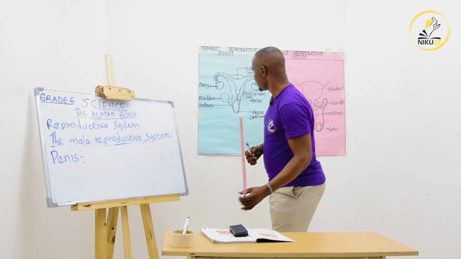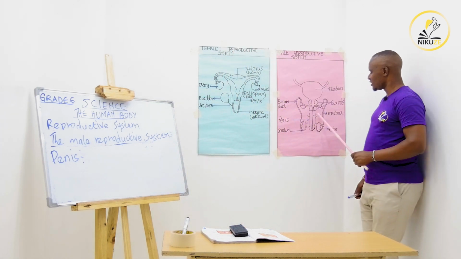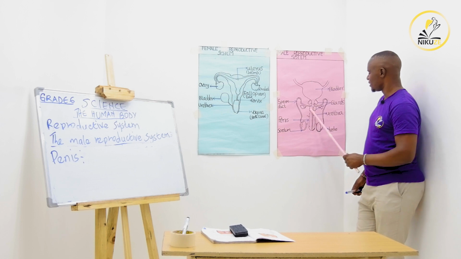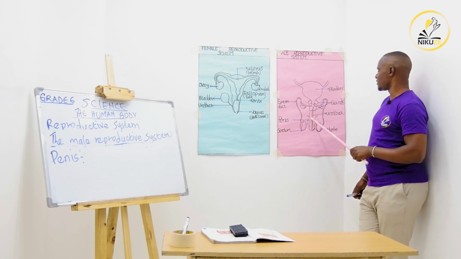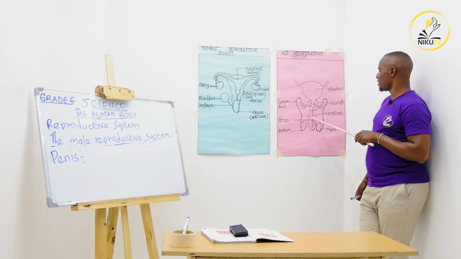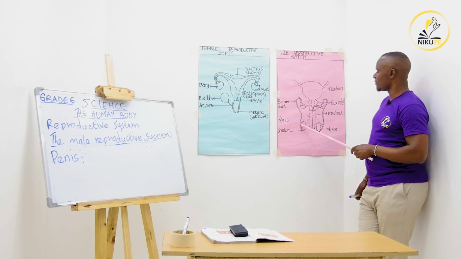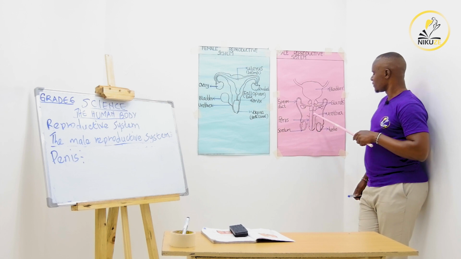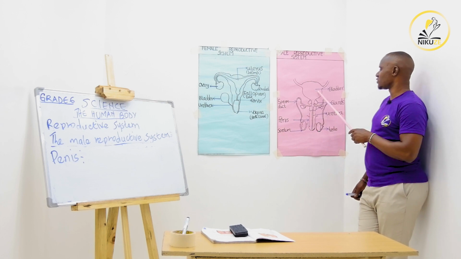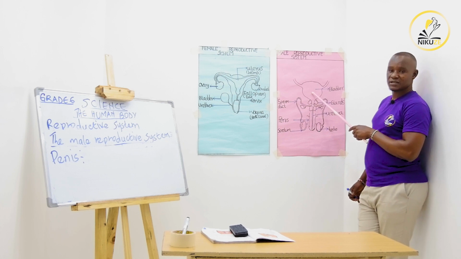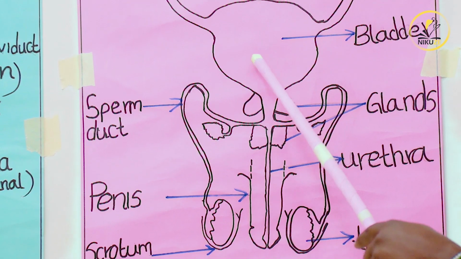Now, as we had said, on our chart, we have got this part, which is the penis. Now, inside the penis, we have got the urethra, and then we also talked of the sperm duct, which runs from the scrotum all the way to the urethra. And then we also talked of the bladder. Now the bladder is located right here. Now the role of the bladder normally is to act as a storage of urine.